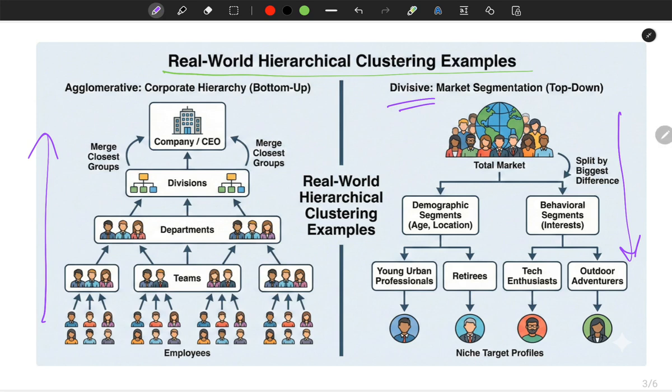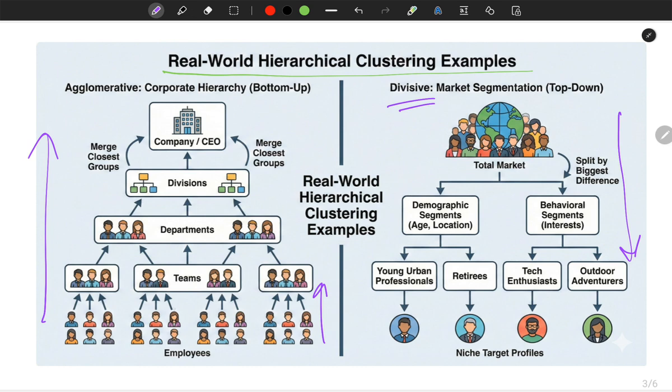For example, if we have the cluster here, the process begins at the very bottom with the individual employees. In clustering terms, every single data point starts as its own tiny cluster. The process goes on merging upward.